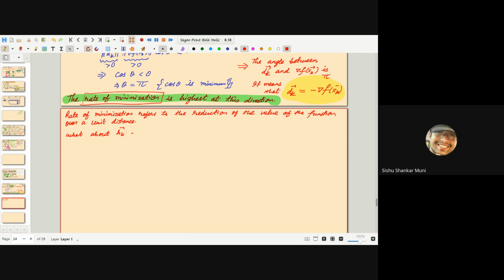So whenever the Armijo condition is satisfied, go with the gradient descent method. If it is not satisfied, scale down the step size. Okay. So that is a bit of a backtracking method.